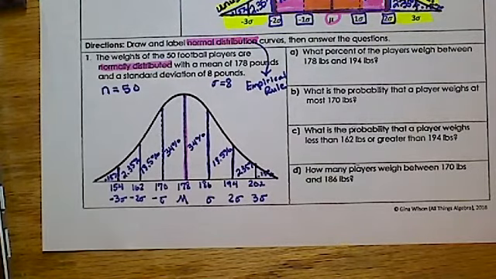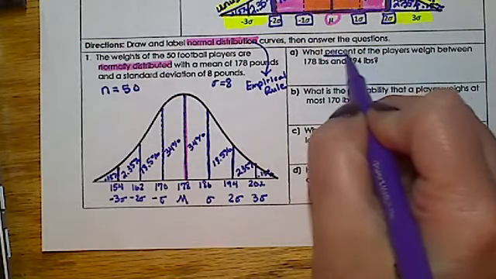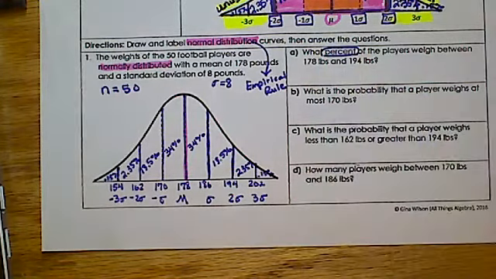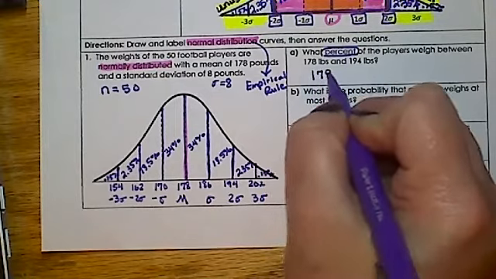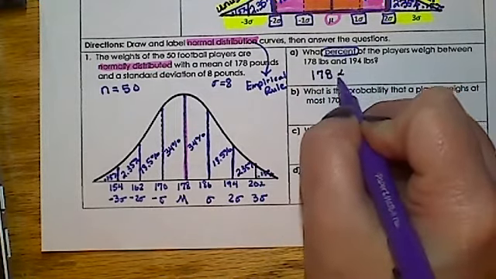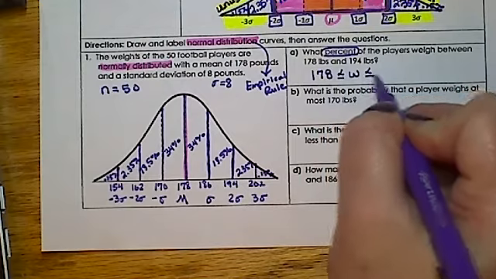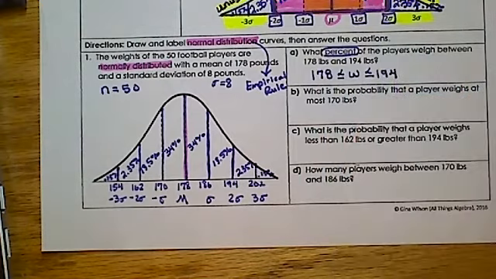Now the question says what percent. So remember, the empirical rule allows you to quickly estimate percents and probabilities when you have normal distributions. So what percent of the players weigh between 178 and 194 pounds? So we're looking at 178 and we're looking at the weight to 194.